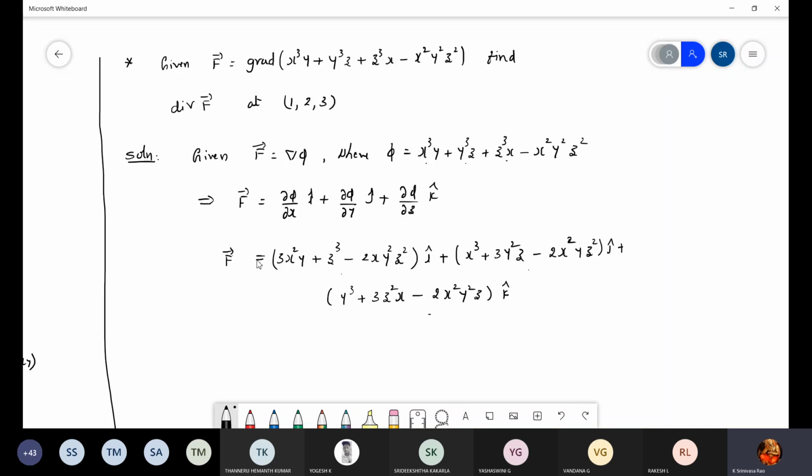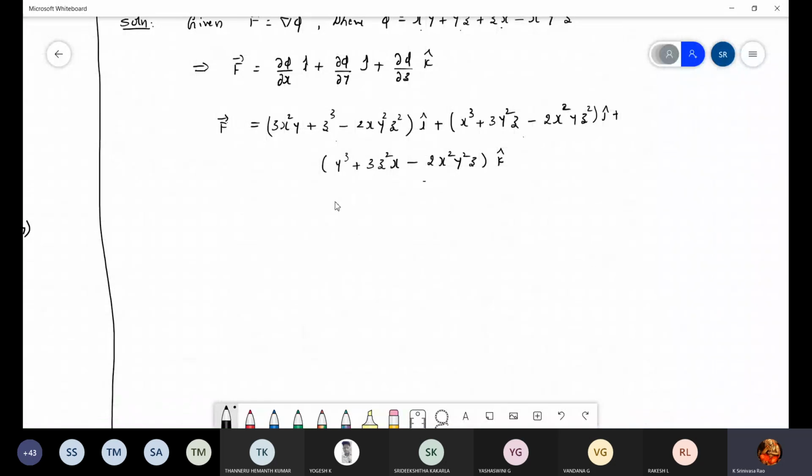Okay, since this equation is very lengthy, curl is not asked. If they ask, you just follow the procedure of how to calculate curl f. Now consider div f, nothing but del dot f, that is equal to the formula dou f1 by dou x plus dou f2 by dou y plus dou f3 by dou z.